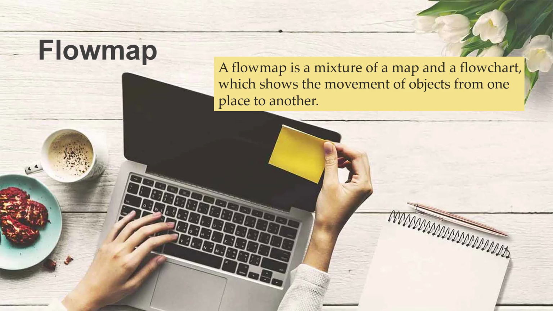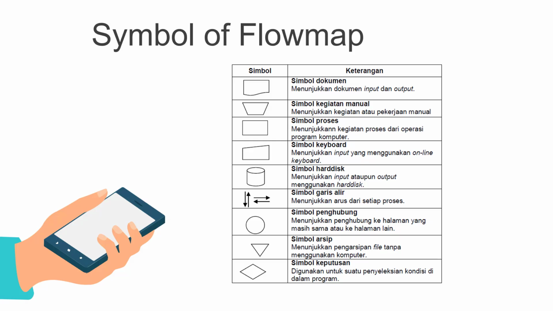You all already know the flowchart, right? And the flowchart can show the movement of objects from one place to another. We know the symbols of the flowchart. This is the symbol, and this is the definition of the symbols.